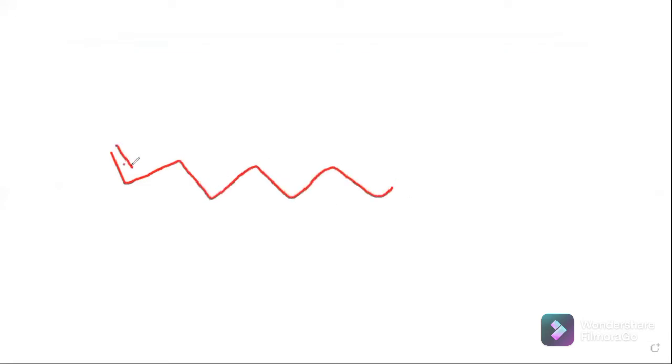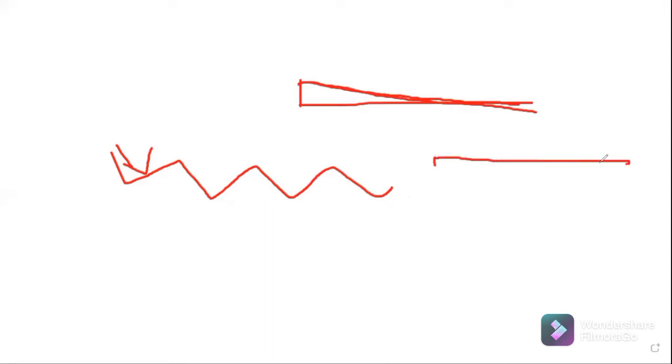The water can stand here easily, and the slope should be like this, so that there is no water standing in the polyhouse. The slope should be minimum or leveled. Okay, hope it is clear to all of you what I am saying in this point.